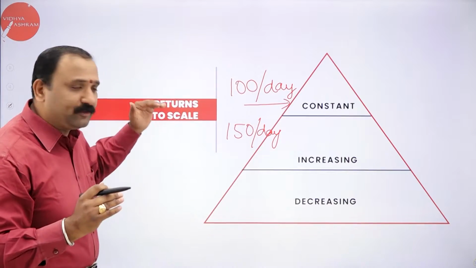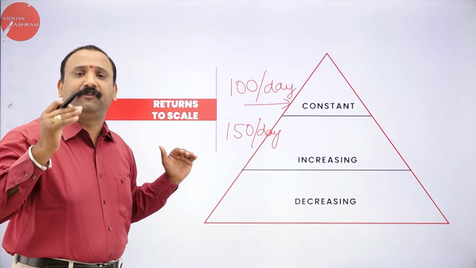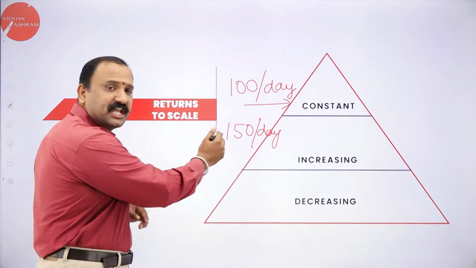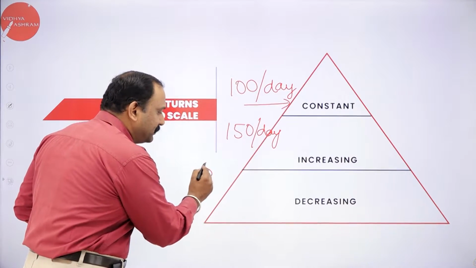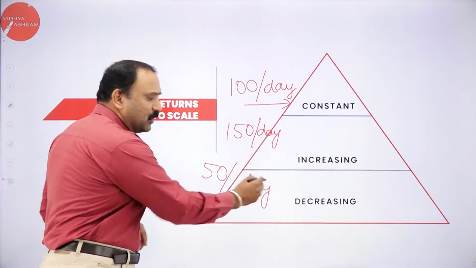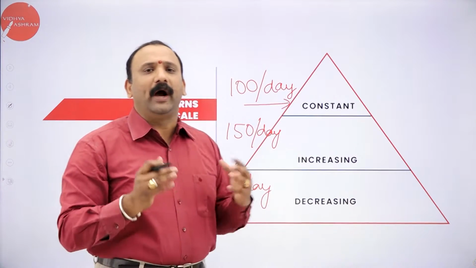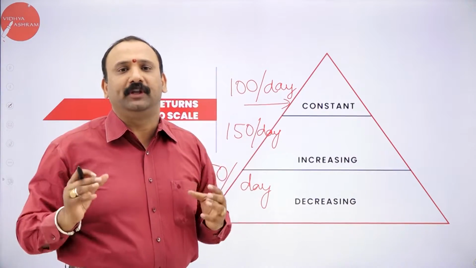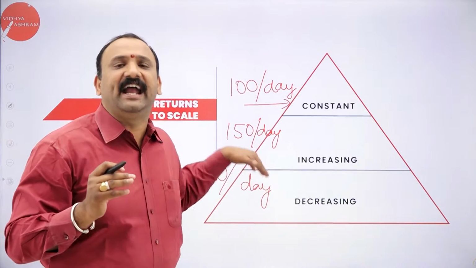But then after some time, let's say about 5 years or 10 years down the line, you suddenly start seeing that the same 150 has today come down to 50 units per day. Why is that sudden decrease? Why has the good, successful, happy story suddenly come to a sad ending?